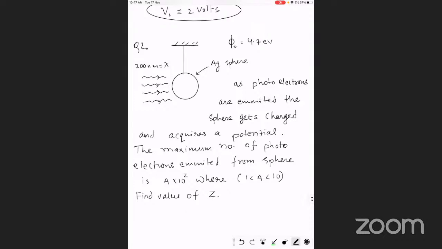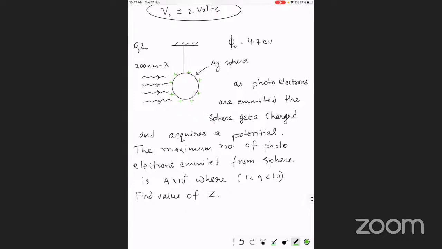I want to give you a hint. As electrons are coming out from the silver sphere, it will start acquiring positive charge. Am I right? And as the sphere gets positively charged, now it will become very difficult for electrons to come out after some time.